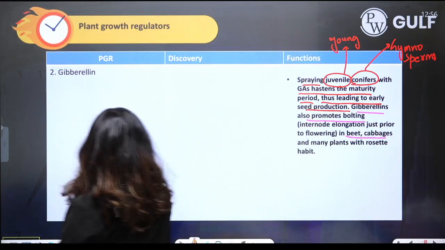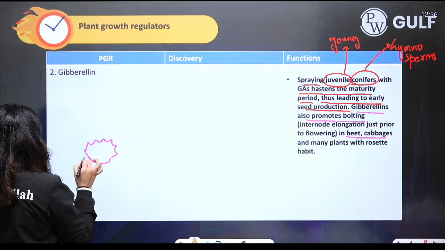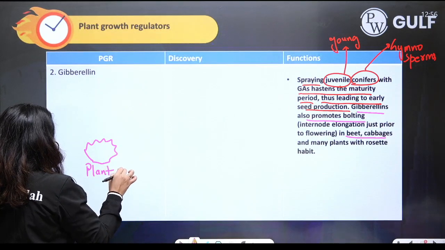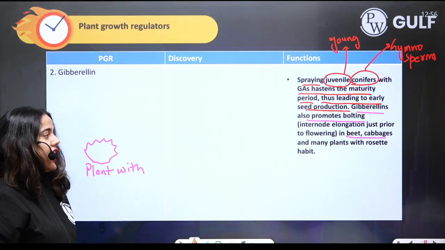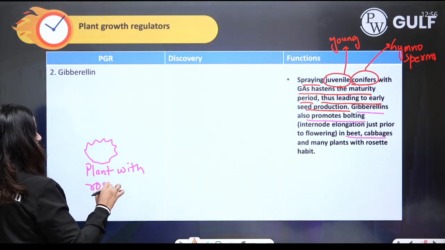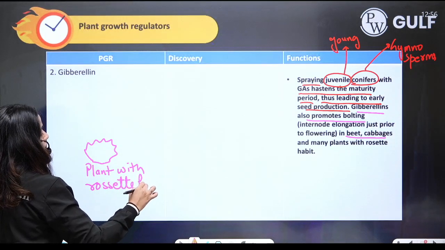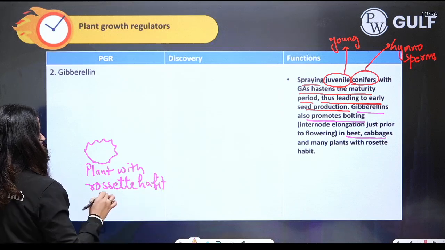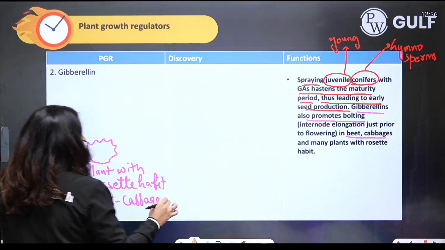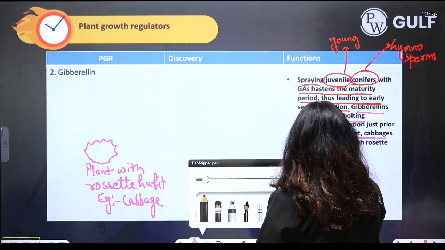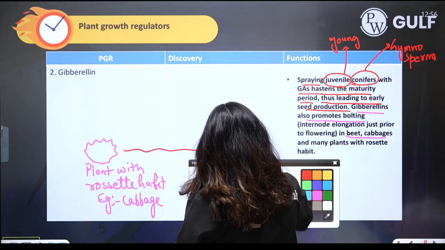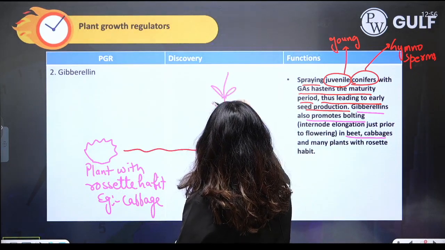Bolting means when a dwarf plant, a plant with rosette habit, grows a stem. As you know, the plants of cabbage, beet are very small, so we call it rosette habit. If we spray gibberellic acid just before the flowering, the length of the stem increases.